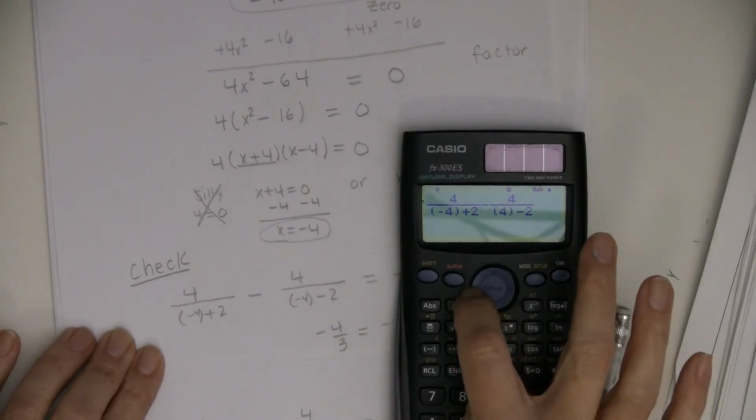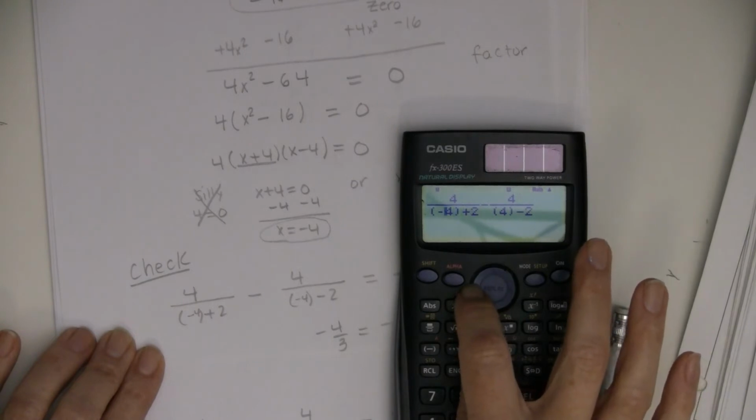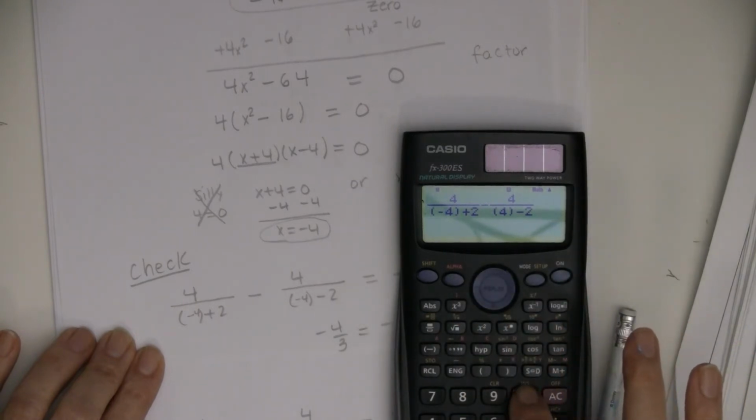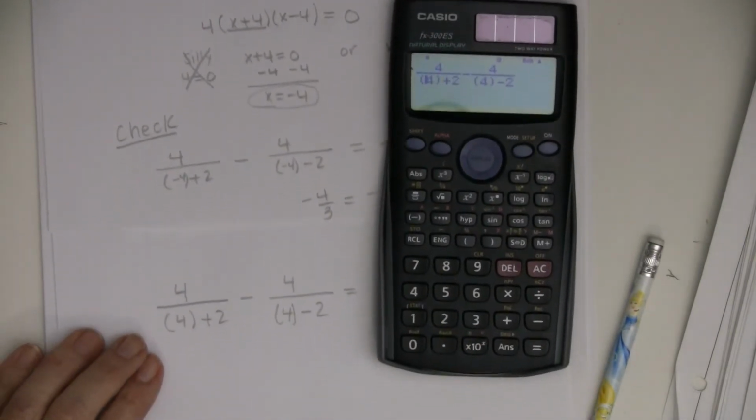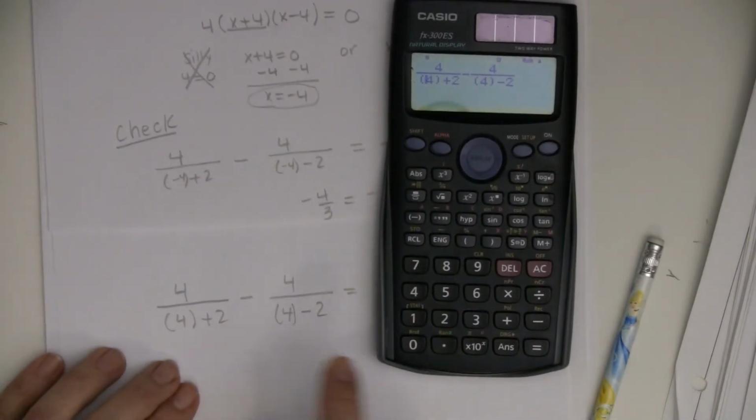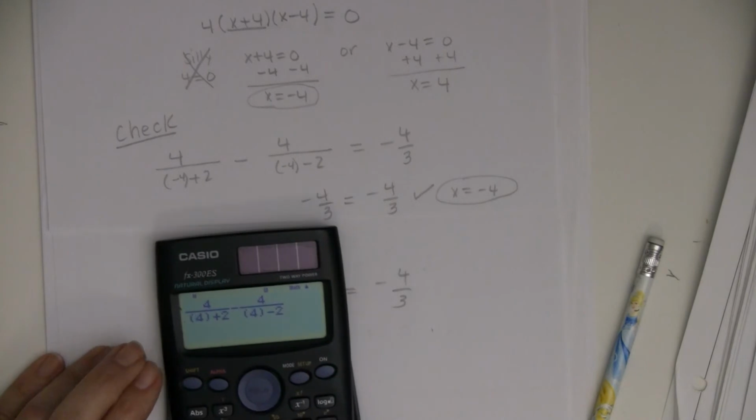And sometimes I make a mistake and I delete the thing I didn't want to delete, but I've learned that you have to be right after it and you hit delete and it backs up over it. And so now I've got exactly what I was wanting to have here, right? Putting in the 4 into that equation, and I'm hoping that's going to equal negative 4/3, and it does.